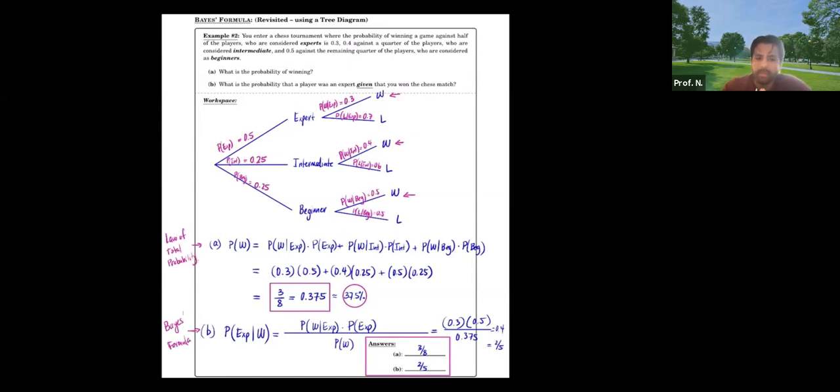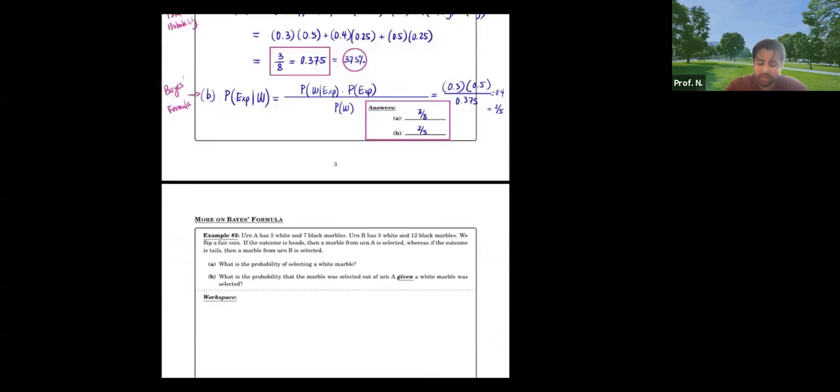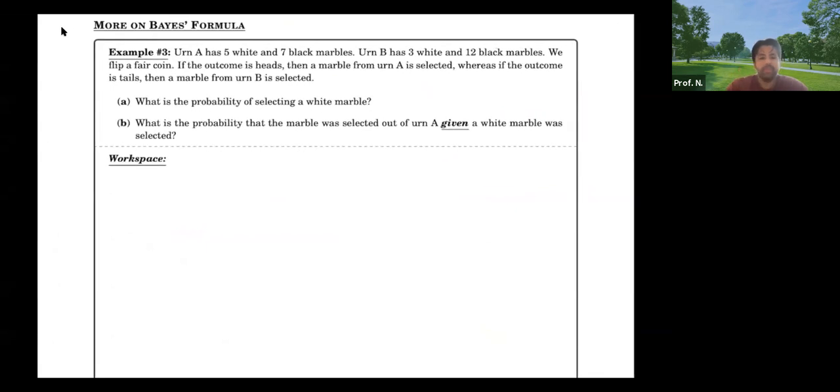Is that clear? Yes? Okay, great. Good. So let's do some more Bayes' formula stuff.